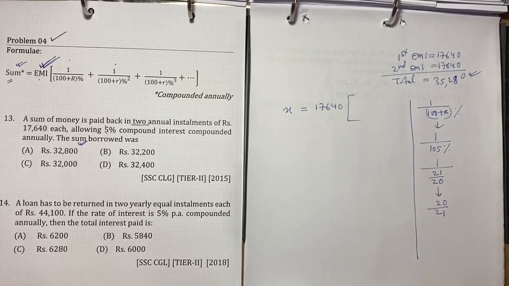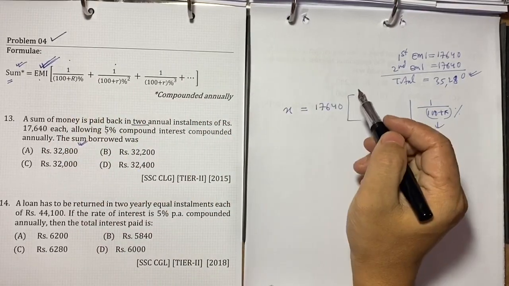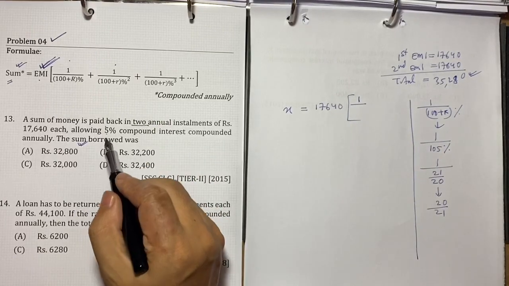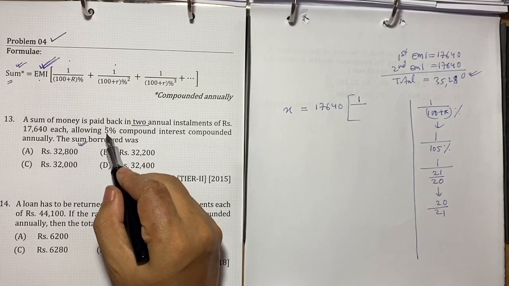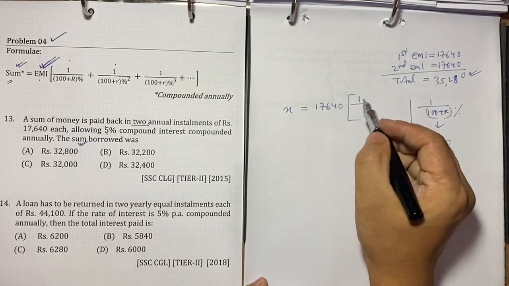So 1 divided by 100 plus 5, that is 105%, gives 20 divided by 21.